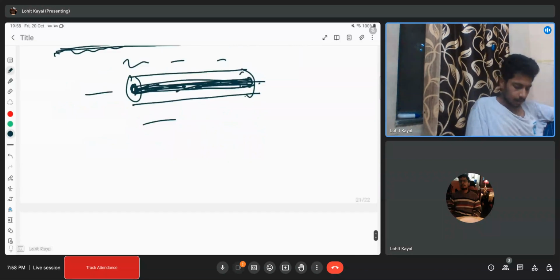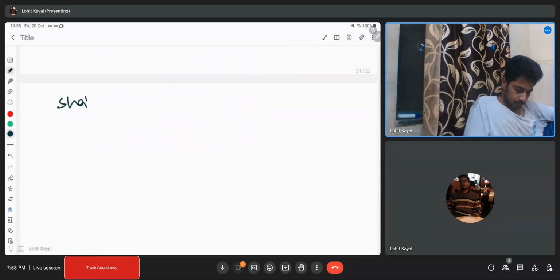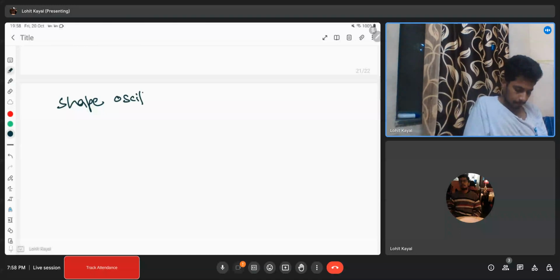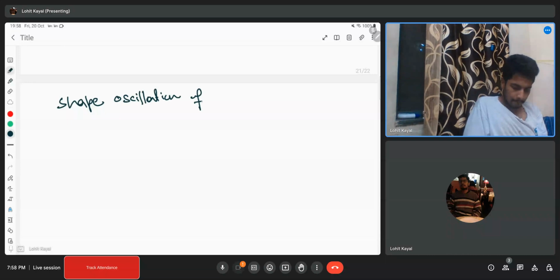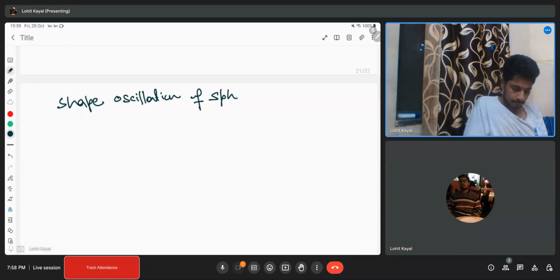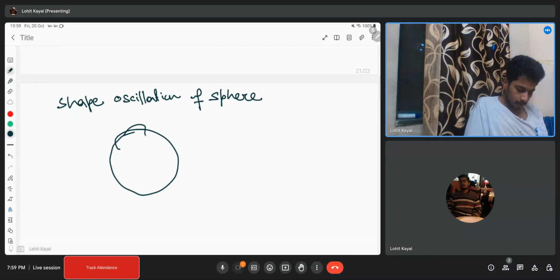Then we have discussed the shape oscillation of a sphere. We have a sphere like this, and we provide some kind of perturbation.